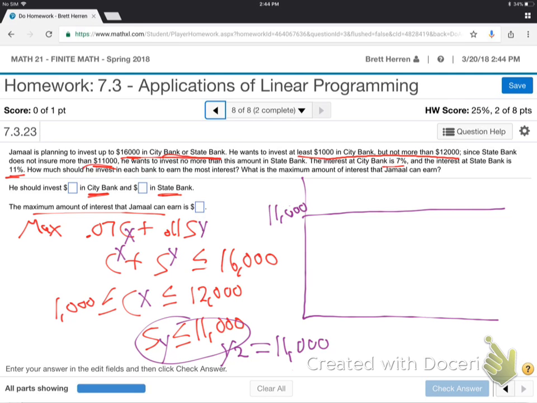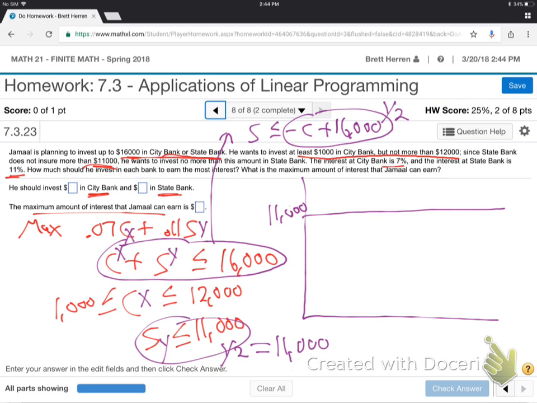This one you'll get y alone here, and you'll have s equals negative c plus 16,000. So that'll be y1. That'll be something that comes down like that.